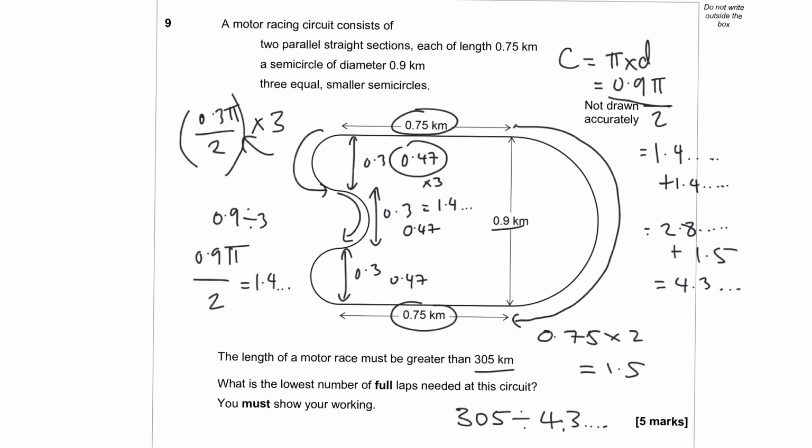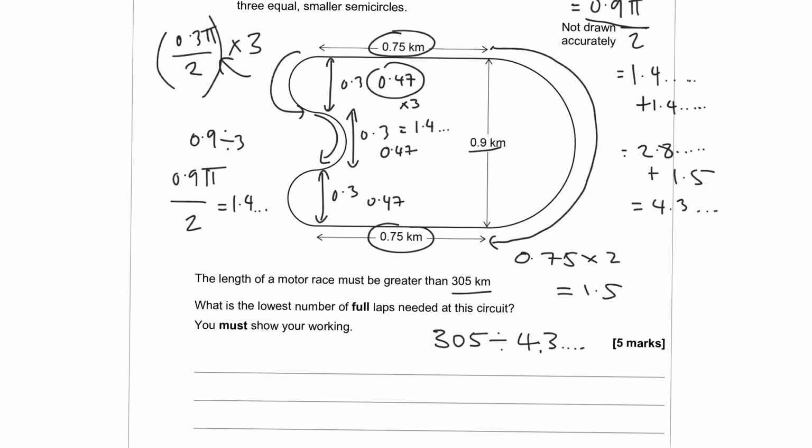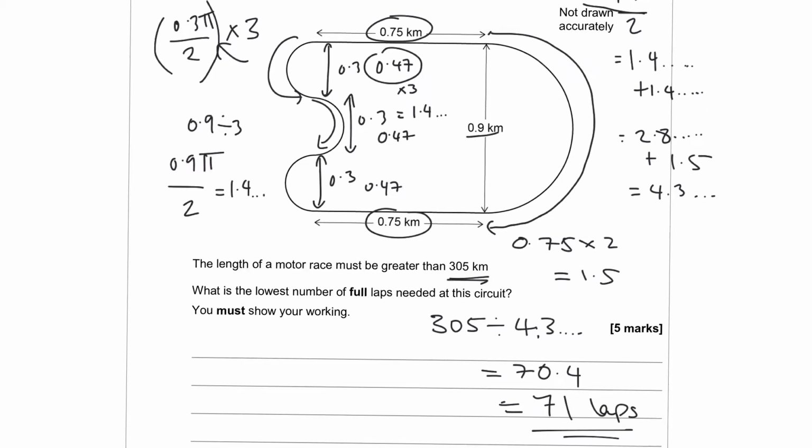Put that into your calculator and you should get about 70.4. But obviously you can't do 0.4 of a lap. So to fully complete it, since you want it to be greater than 305 kilometers, it would be 71 laps.